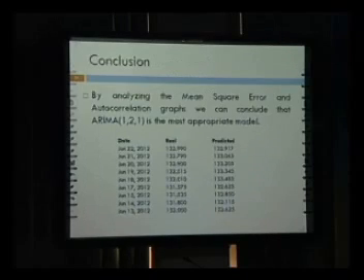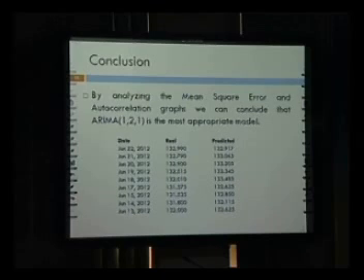And this is for the conclusion. Earlier I told you I had data up to June 12th, 2012, and I predicted the values for 10 days. For June 13, June 14 and so on, the predicted value I got was 132.6, and the real value was 132.